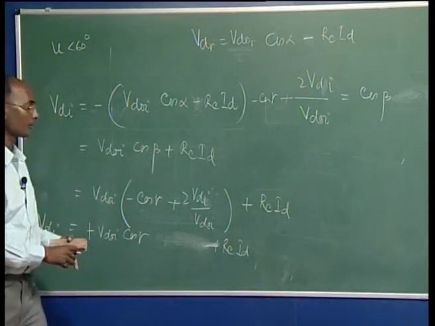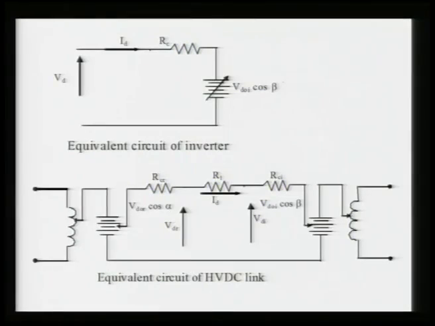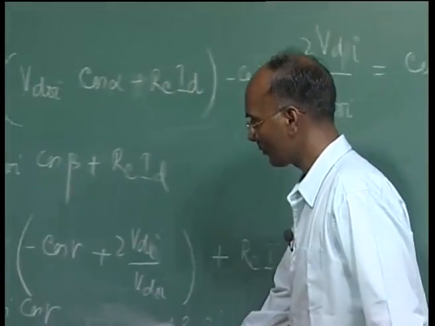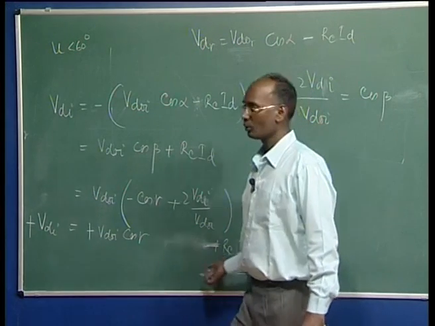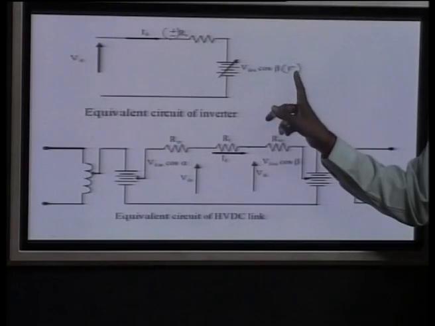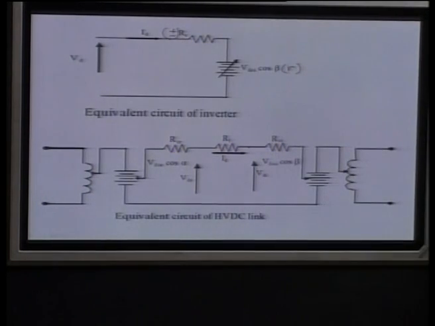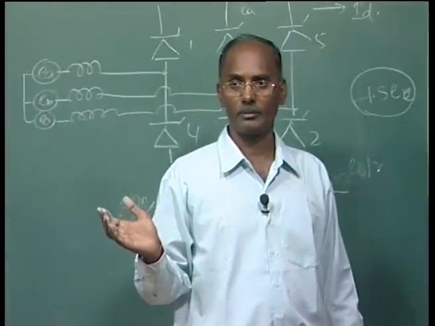If you are writing in terms of your gamma, then I can write here I in bracket gamma, but this value earlier was plus, now it will become negative. See it here, what we are getting: this voltage minus this voltage. So, minus RC here if you are taking gamma, and if you are taking beta it will be plus. This is the equivalent commutation resistance for the inverter circuit.